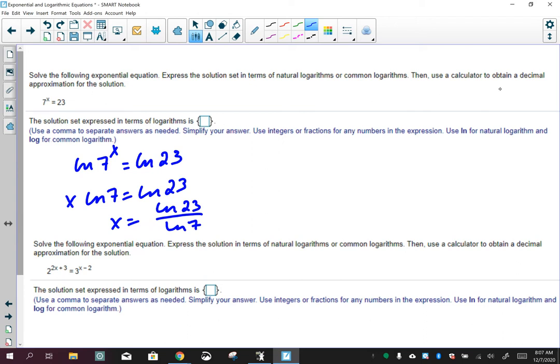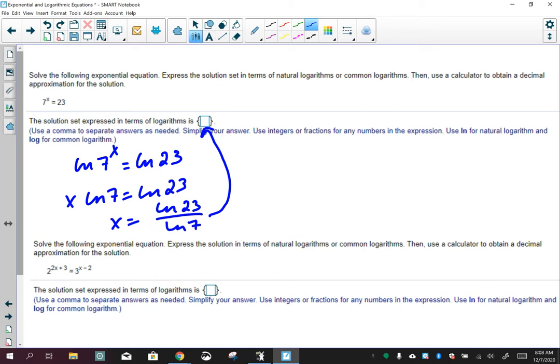Let's see, use a calculator to obtain a decimal. So I think what's going to happen is that you're going to put this answer into here, and then once you get that answer, you're going to come through and get your decimal value for the next box or whatever else.